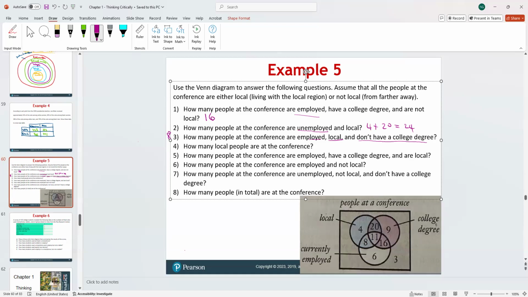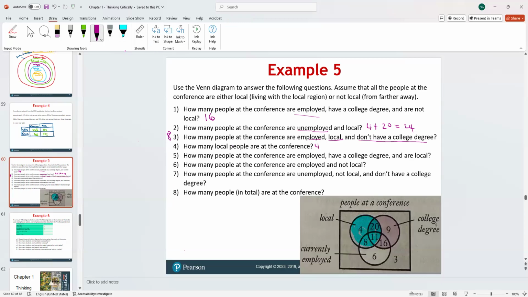I apologize for the typo, because number 8 said the total. It was a little bit confusing. How many local people? Local people means we need to add everywhere we see local. Local is everything in that circle, so all you need to do is add them all.